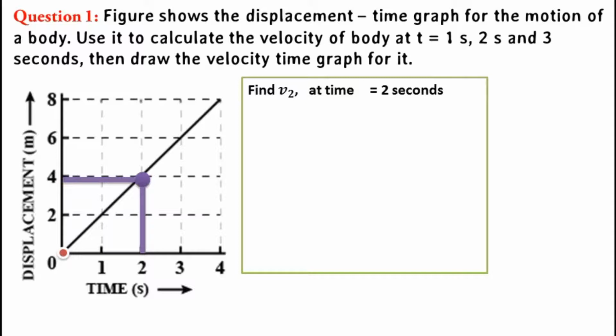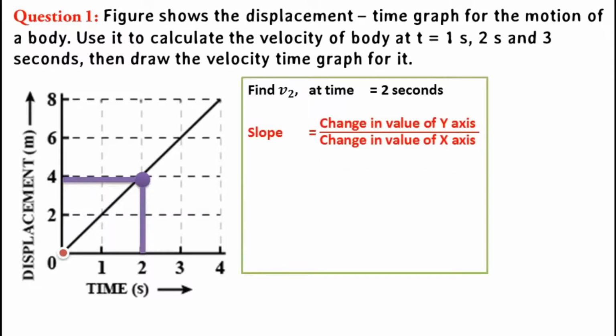So slope is equal to change in the values of y-axis divided by change in the values of x-axis, which is equal to 4 minus 0 divided by 2 minus 0, that is equal to 4 divided by 2, that is equal to 2 meter per second. So at a time 2 seconds, velocity is equal to 2 meter per second.